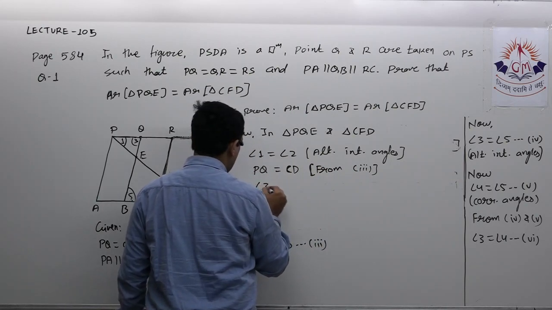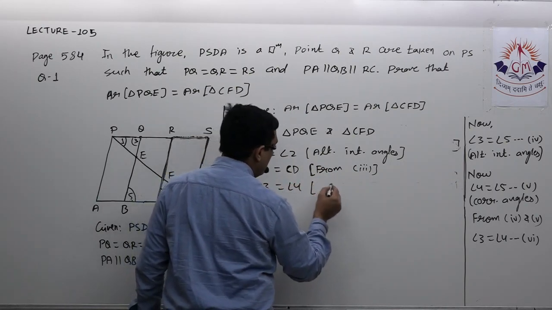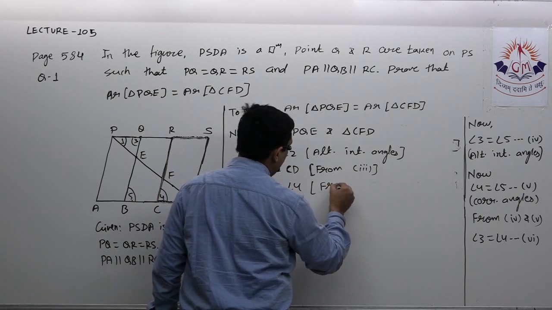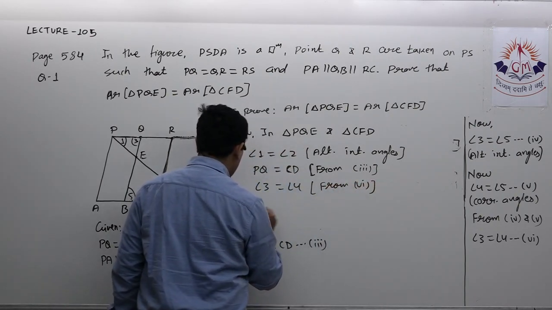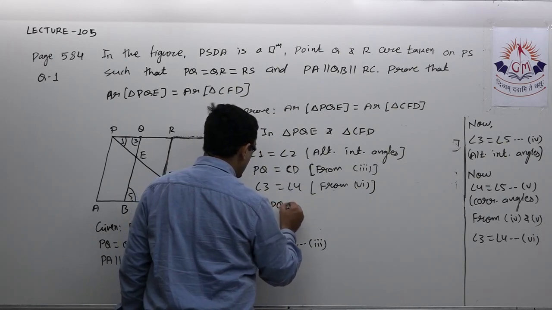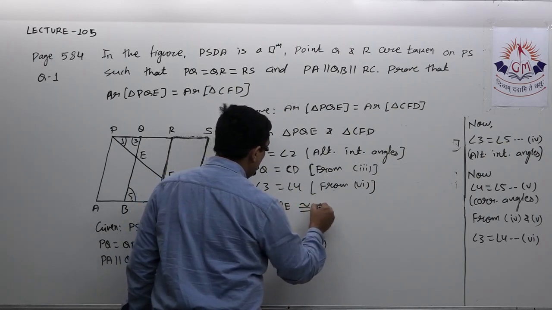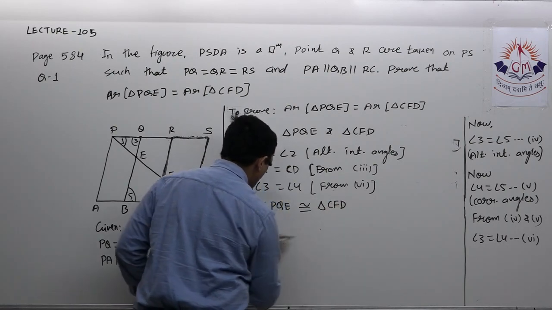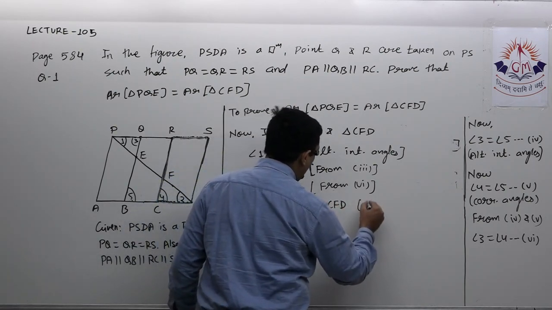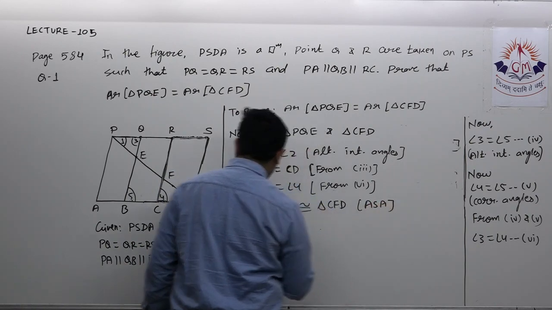Then angle 3 is equal to angle 4, that I can say from sixth. Okay, so therefore I can say triangle PQE is congruent to triangle CFD by angle side angle.